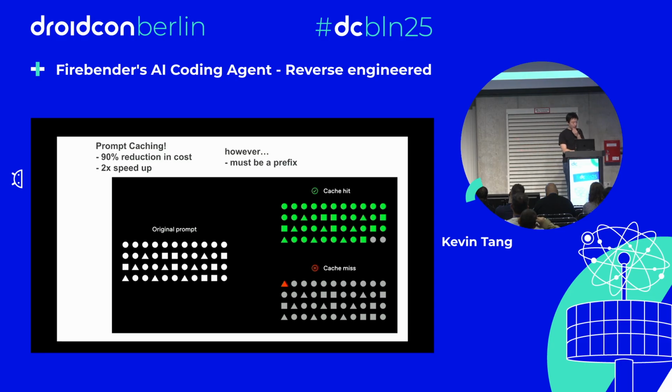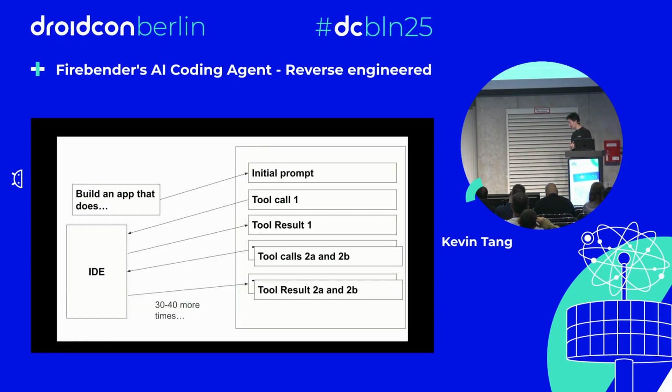That is also why, if I go back to the previous diagram, a lot of these coding agents purposely, even if they're including the same context over and over again, do append only. They will append a string at the end, and they won't splice out an intermediate string, even if it's older context.